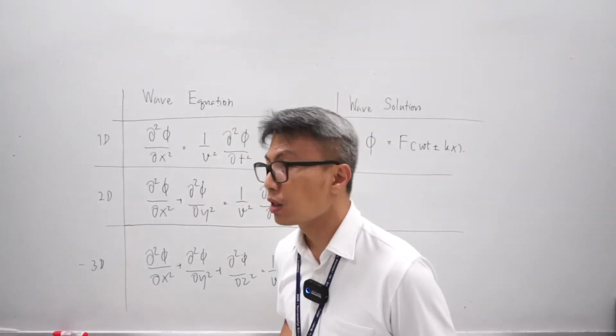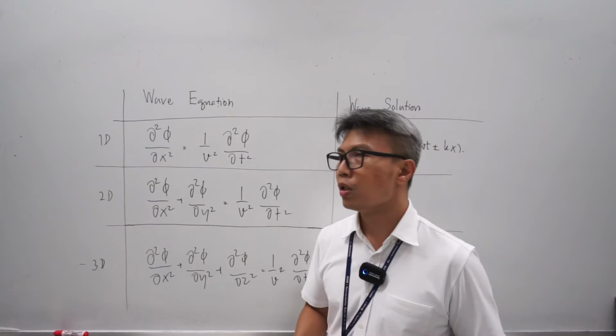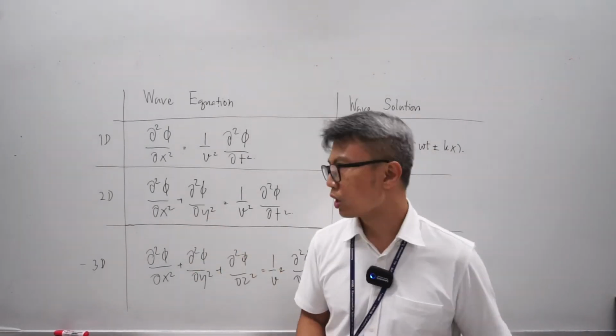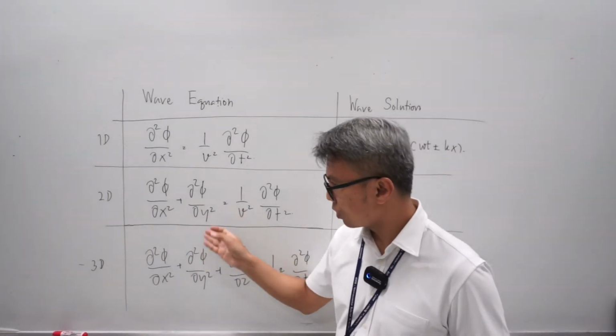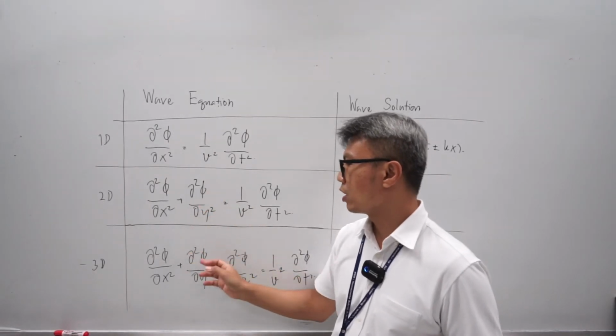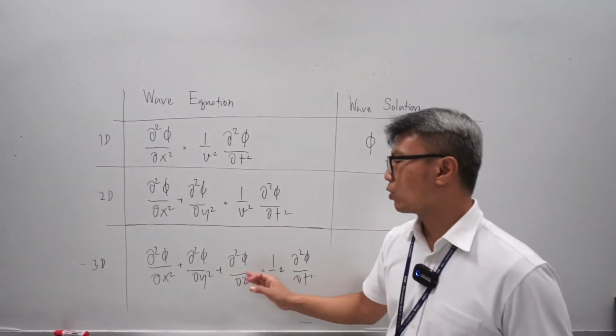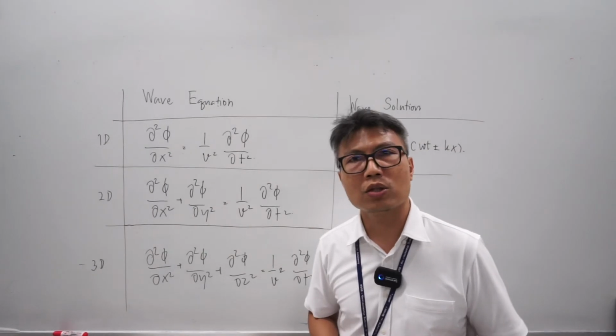I think it's quite intuitive. When you need more axes to describe the motion of the wave, you just add the second derivative of the axis that you are interested in to the wave equation.